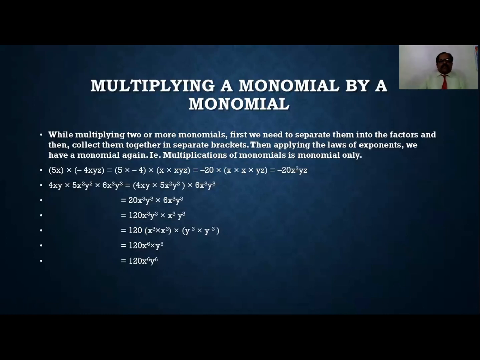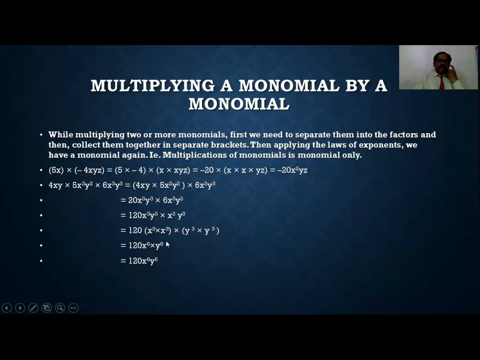So here x cube into x cube means the power is 3 in each of these two terms. So 3 plus 3 becomes 6, so the power of x becomes 6. Similarly y cube into y cube means the power is 3 and 3, the base remains the same, so 3 plus 3 becomes 6, so it will become y raised to 6.